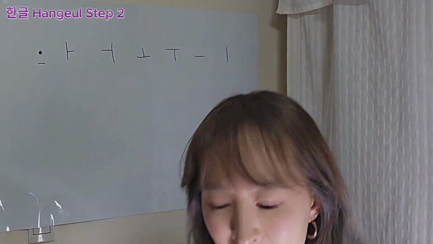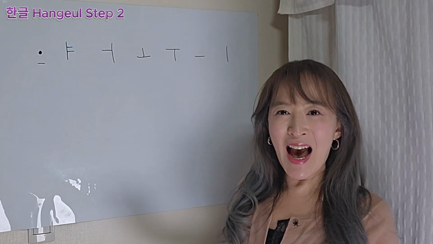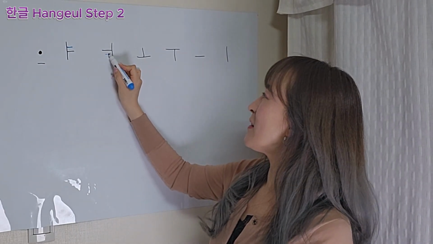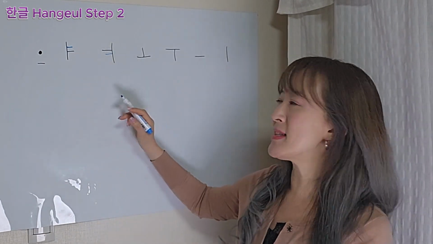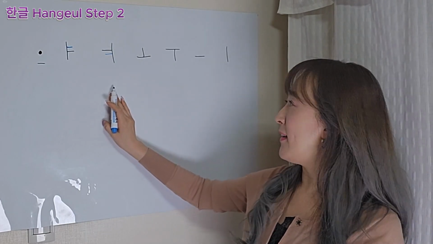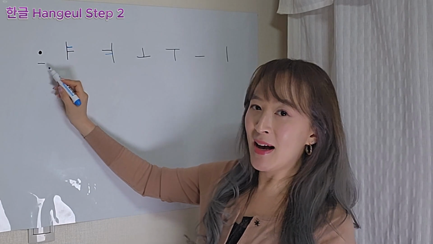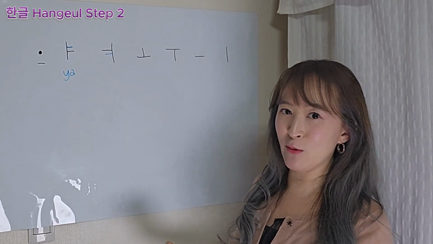So this will be ya. Ya. And if you put it here, well, actually you can put it on the top or bottom. It doesn't matter. Just make two lines. Yo. Yo. Do you notice that by putting another line, we are making like the Y sound?